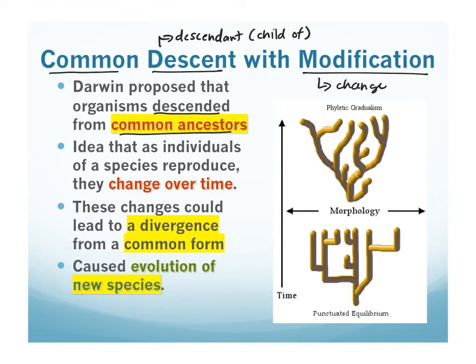And what you're seeing right here is every single time there is a branching point right here, that is some kind of ancestor that goes this way and this way.